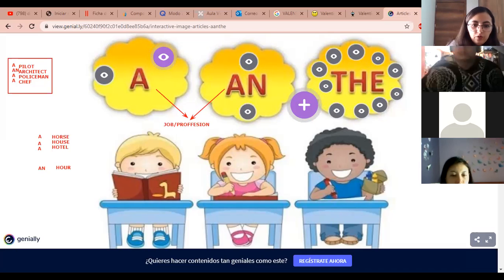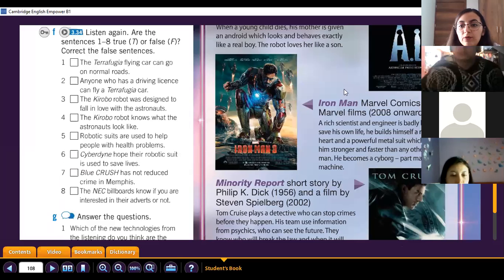So now that you have helped me to remember this small topic about the articles, we're going to move once again to our book. We're going to make a small listening about these inventions and these discoveries. We're going to see which of them are true and false, okay? So pay attention to the following record because you're going to help me completing this part.